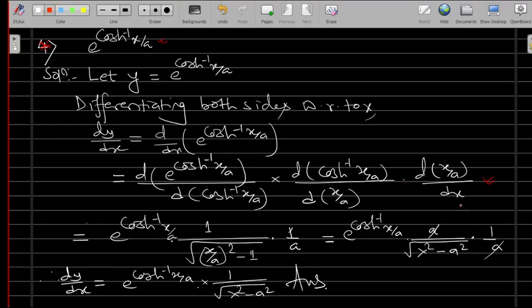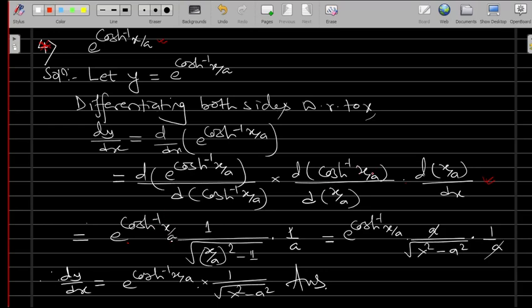In the next question I will skip this, so you have to understand this expanded form. So the derivative of e to the power x with respect to e to the power x gives e to the power hyperbolic cos inverse x by a.